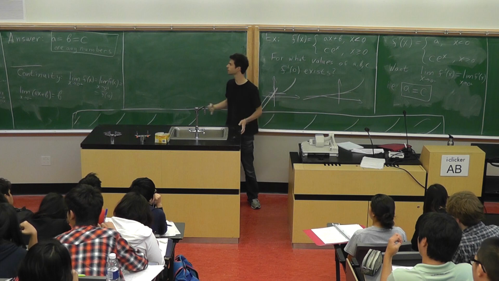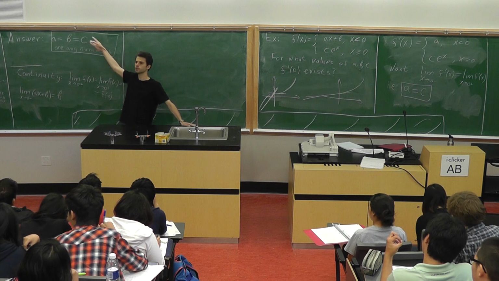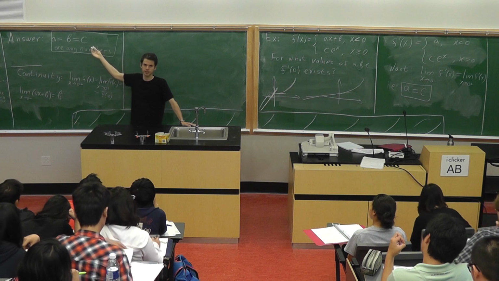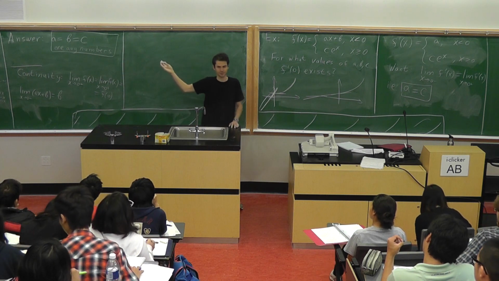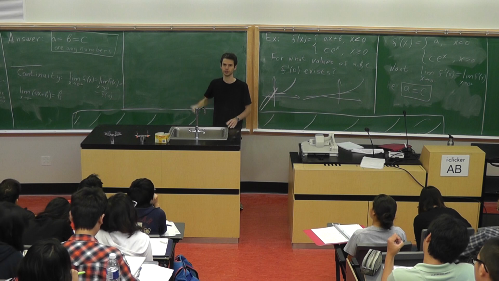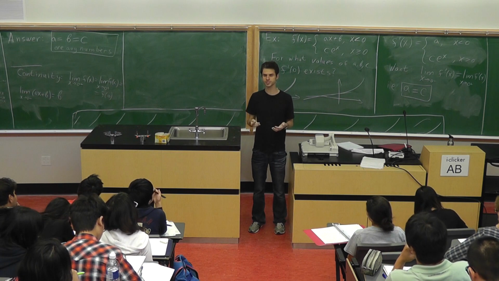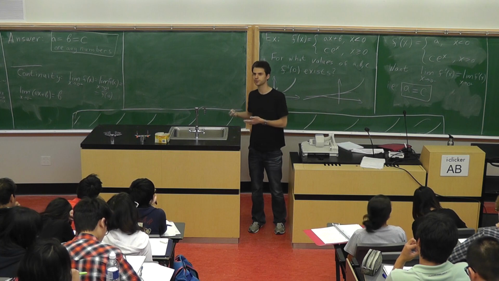One additional remark. We got some conditions about A, B, and C, but we didn't get the actual numbers. And it happens quite often. You might get some conditions on your parameters, but get infinitely many different answers.